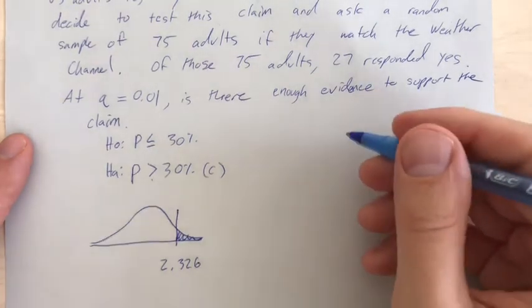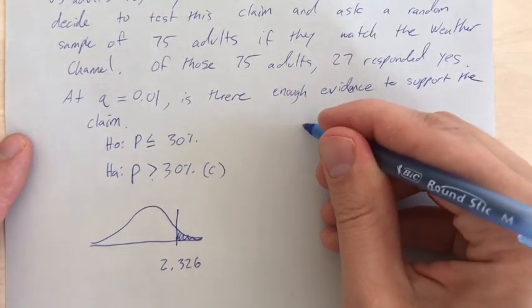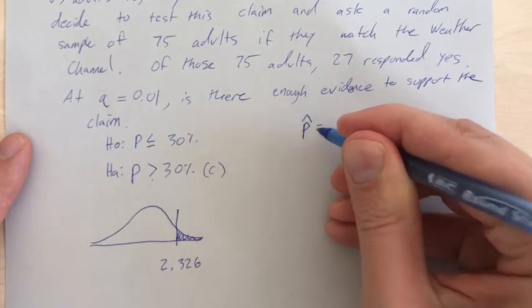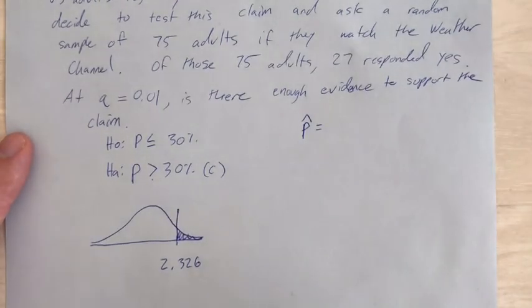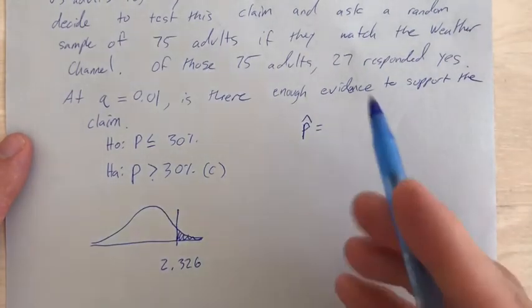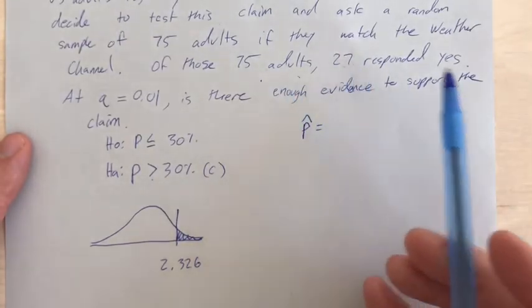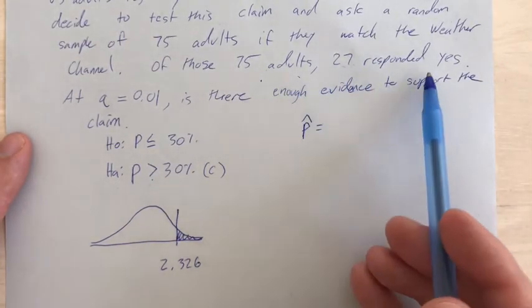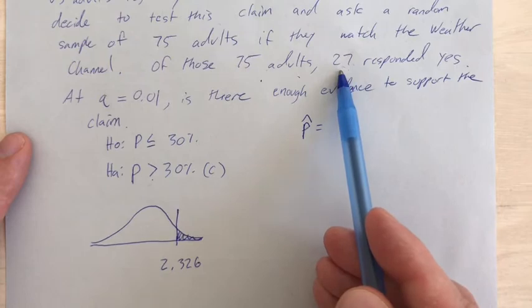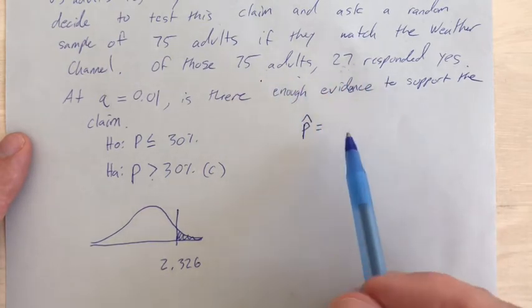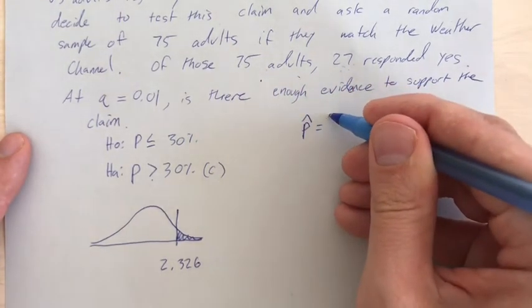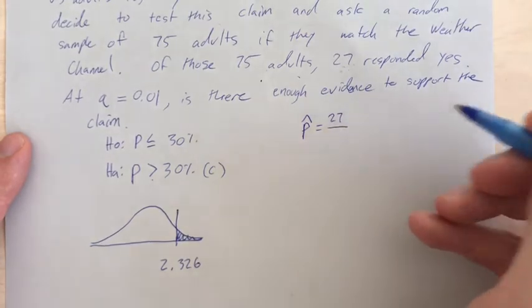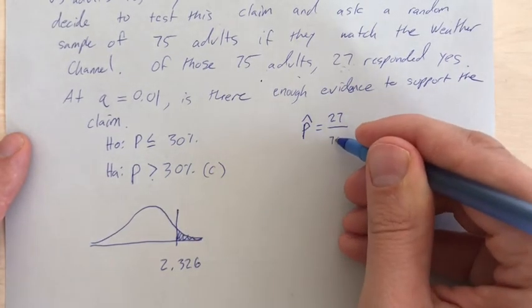For our equation part, we're going to start with the sample percentage. The sample percentage is not clearly given to us, and when that's the case, you have to do a little bit more work. They don't tell us the sample percentage, but they do give us how many people said yes. So the way we get our sample percentage, if it's not given to us, is a quick little fraction: the number of people that said yes over the number of people sampled.